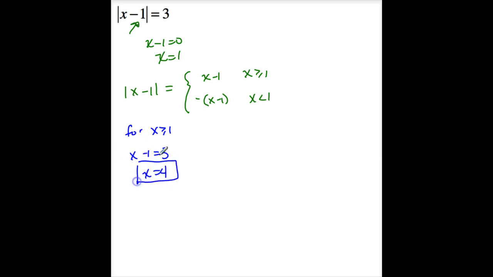Indeed, 4 is greater than 1, so this is a solution. What about for x less than 1? I have negative x minus 1 is equal to 3. So negative x plus 1 is equal to 3. Negative x is 2, or x is negative 2. Negative 2 is indeed less than 1, so I have a second solution.